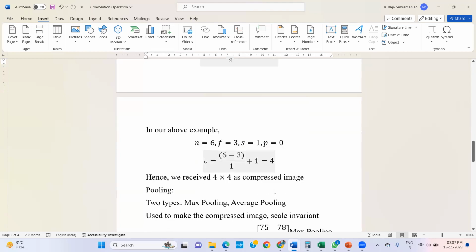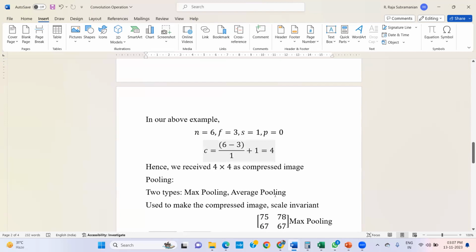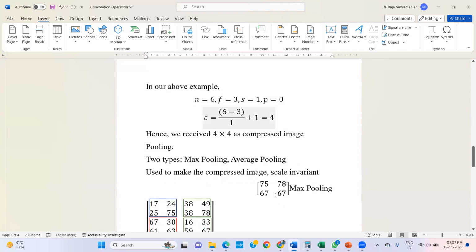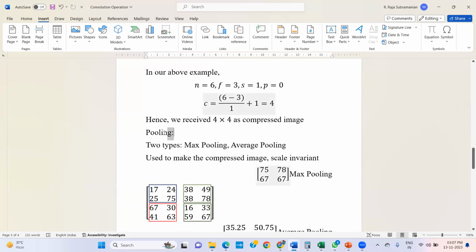Immediately after convolution, we'll do something called pooling. So what is that pooling? If you compress the image, the original dimension of the image will get decreased. So people seeing the compressed image should treat this image also as the original image.